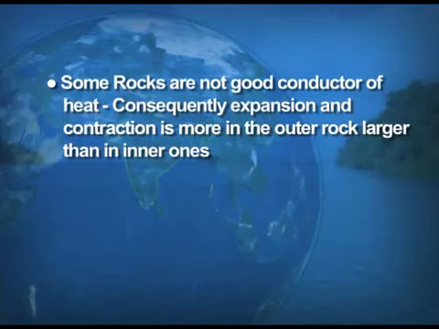Some rocks are not good conductors of heat. So, what is the effect of that? Only the upper layer of the rock is contracted or expanded due to the changes in the temperature. That means only the upper part which is externally visible is affected. So, what happens because of this? Exfoliation takes place.